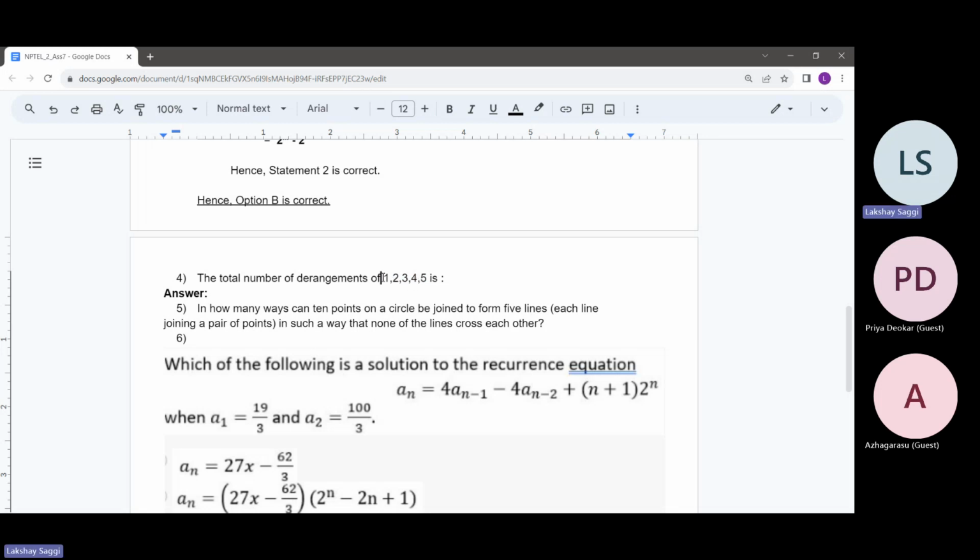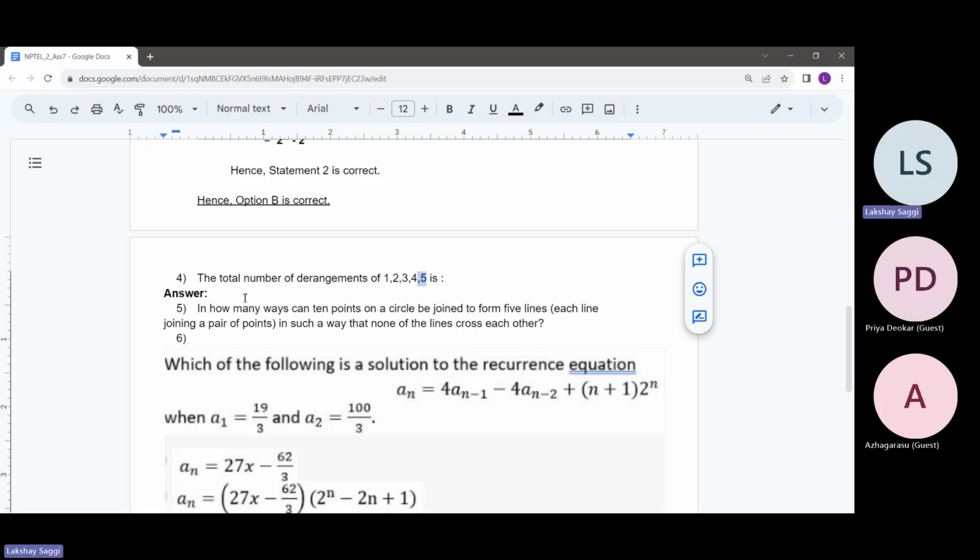Let's say we are given the set of numbers 1, 2, 3, 4, 5. Any permutation in which 1 does not go to first place, 2 does not go to second place, 3 does not go to third place, 4 does not go to fourth place, 5 does not go to fifth place, will be called a derangement.